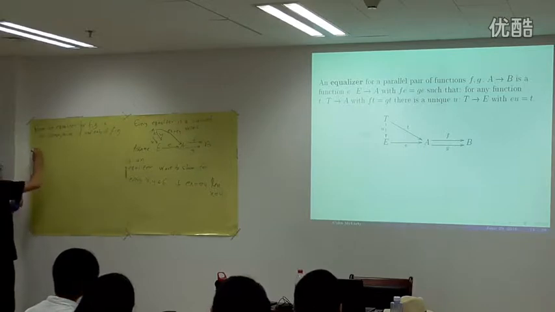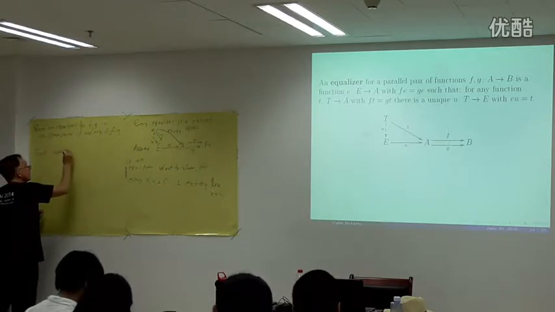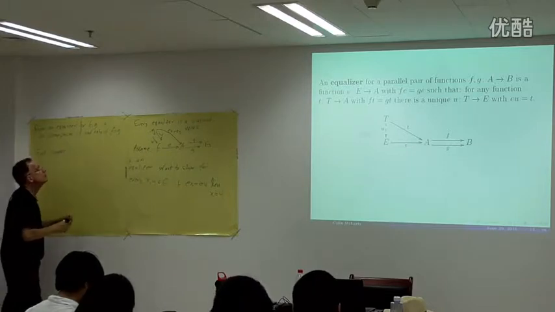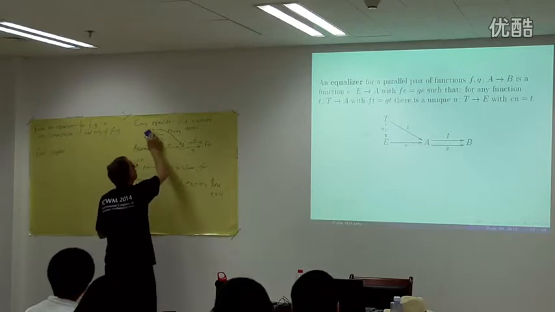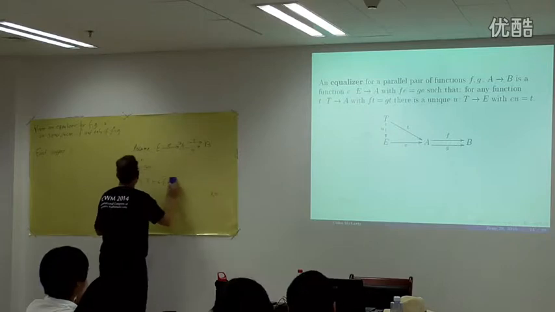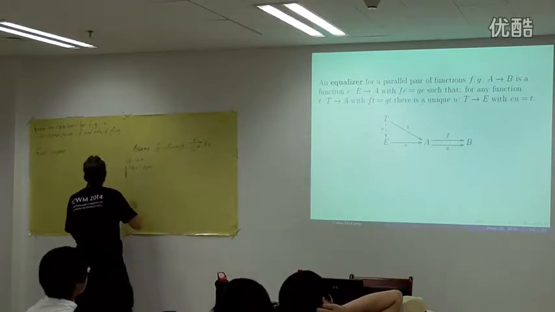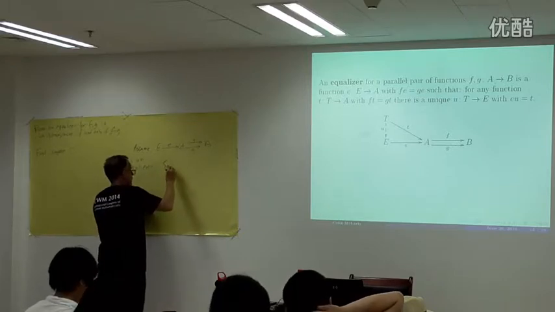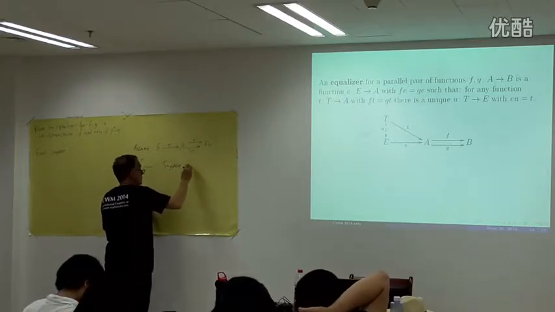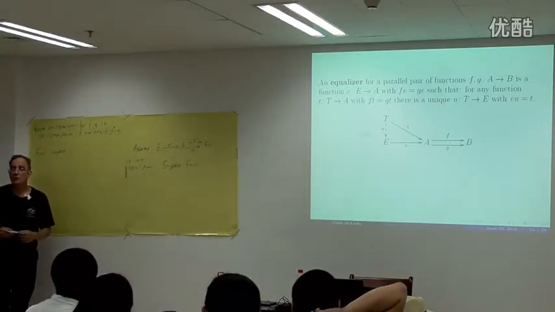So, two steps. First, we'll assume this is an equalizer. Suppose F does equal G. What is the equalizer of a function with itself?